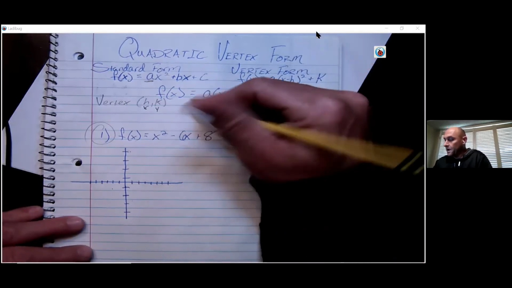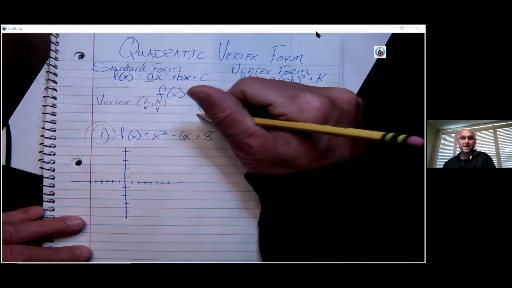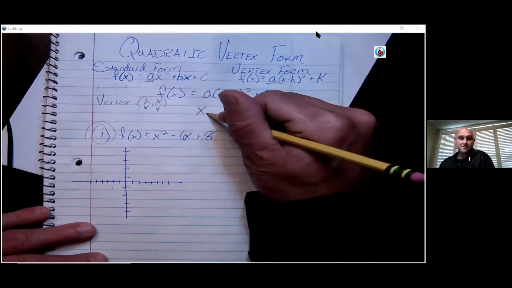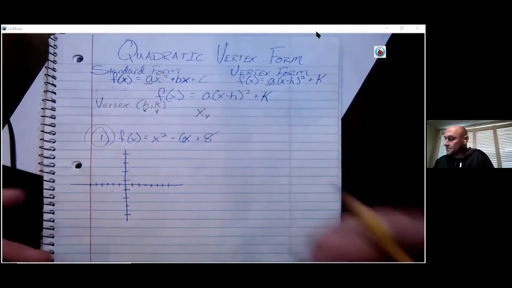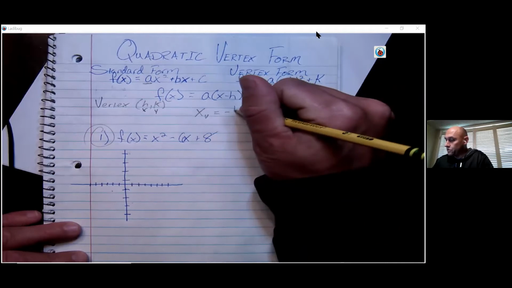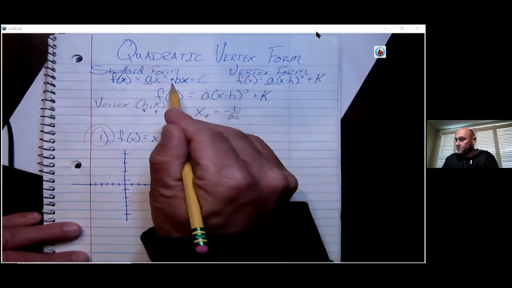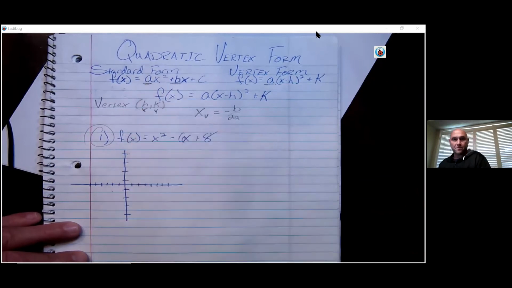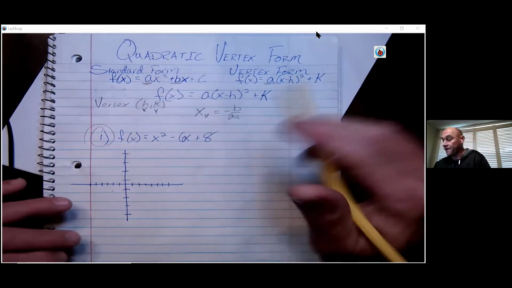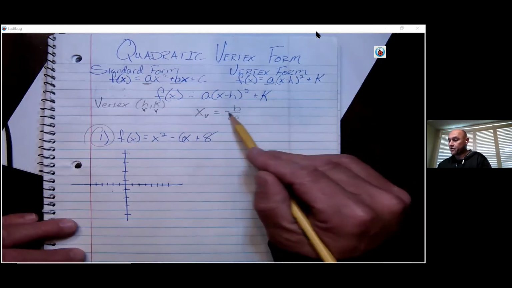The x value of the vertex, which I'll denote by x sub v, is negative b over 2 times a. And of course, b is coming from here, and a is coming from here.